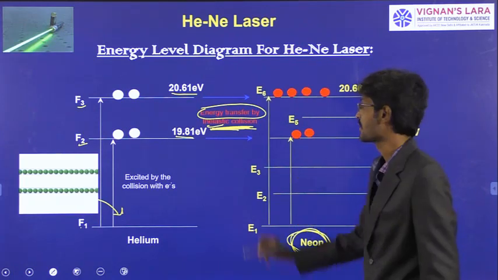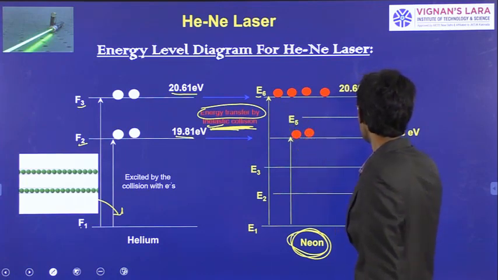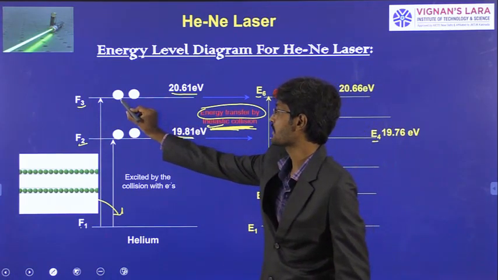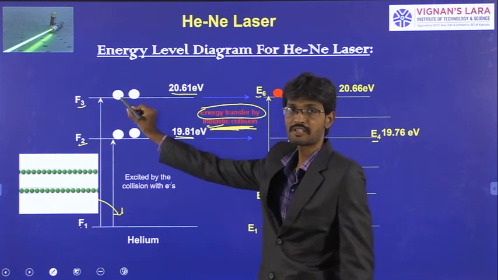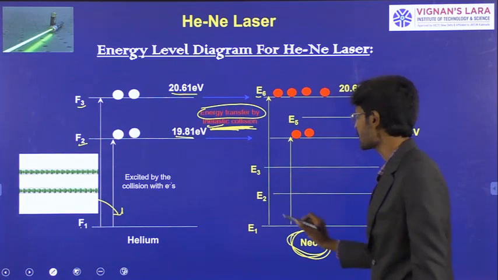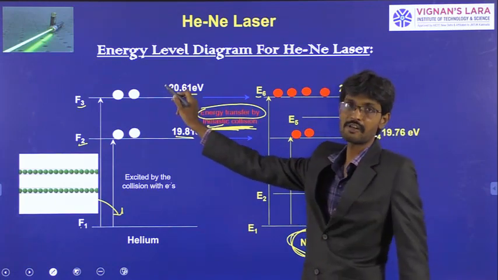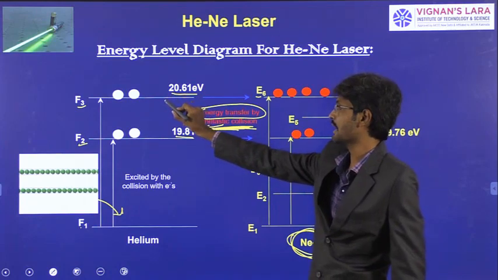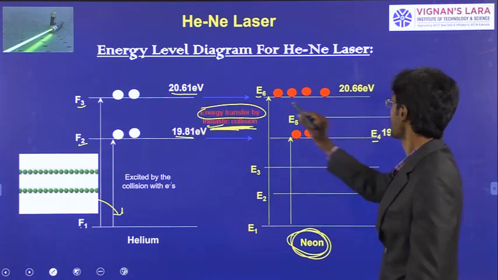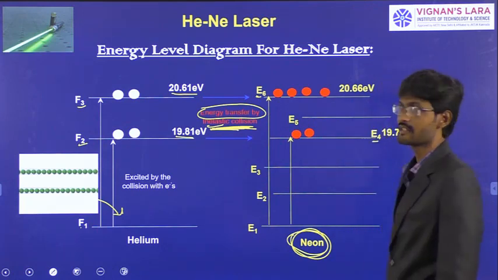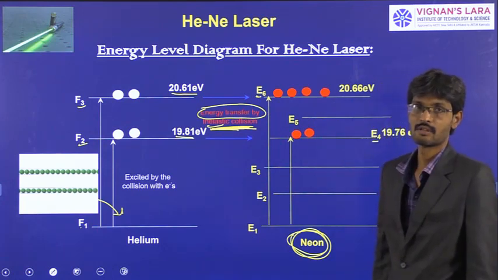To which states? E6 and E4. Why? Because the helium ions which are in F3 possess energy of 20.61. When they collide with the neon ions, they transfer energy of 20.61. And this energy level F3 is approximately equal to energy level E6 in neon, which is 20.66 electron volt.